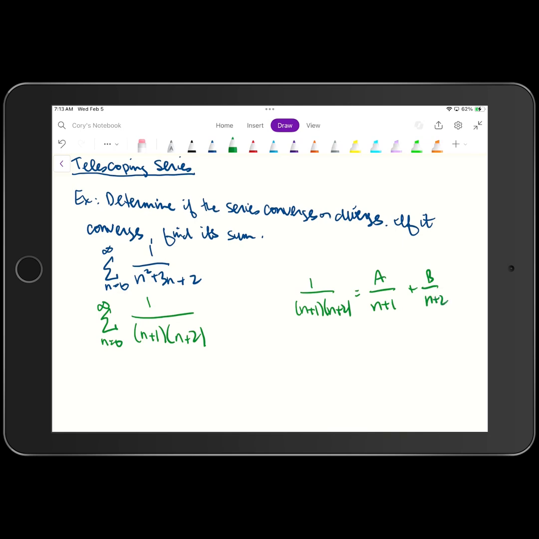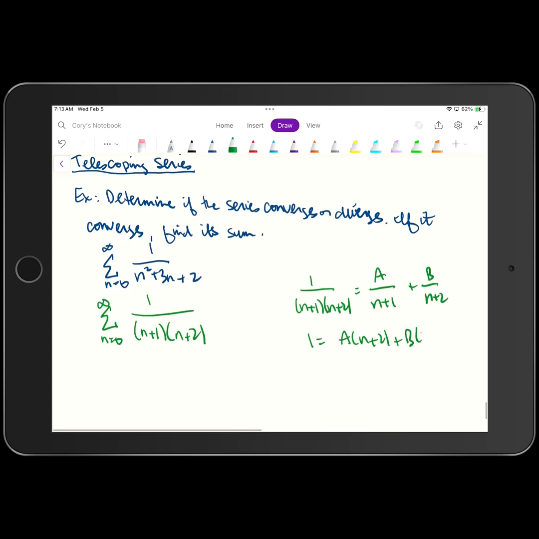And then we're going to multiply both sides of the equation by our common denominator. So when we do that, we get 1 equal to a times n plus 2 plus b times n plus 1. And then if we let n equal -1, that means that a is going to be equal to 1.